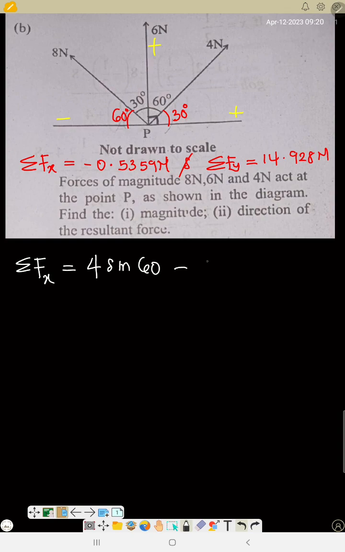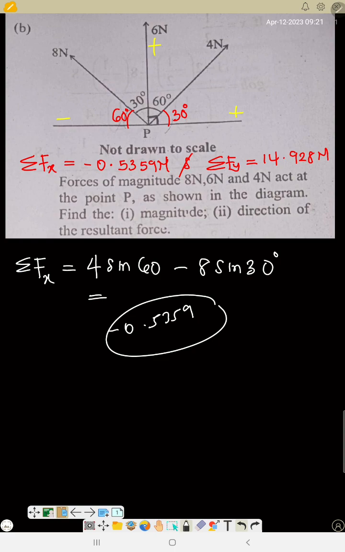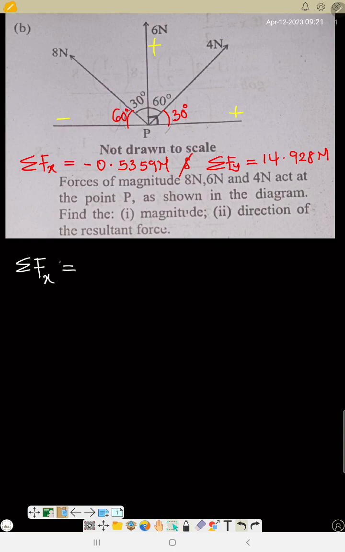So then minus 8 sine 30. So if you use this, you still get the same thing. So press your calculator. 4 sine 60 minus 8 sine 30. So you still get minus 0.5359. So it depends on the angle you choose. I can choose any angle here, but remember anywhere the angle lies is cos. So that is summation Fx.